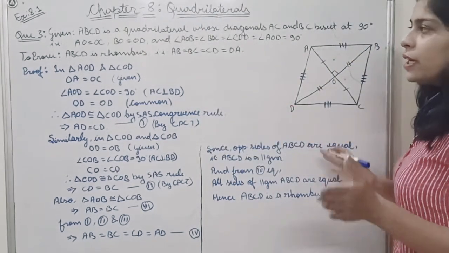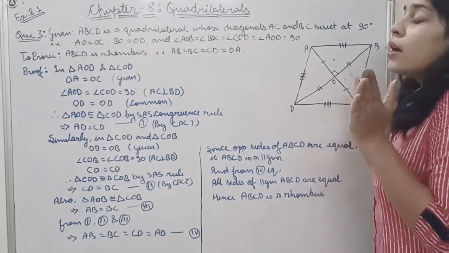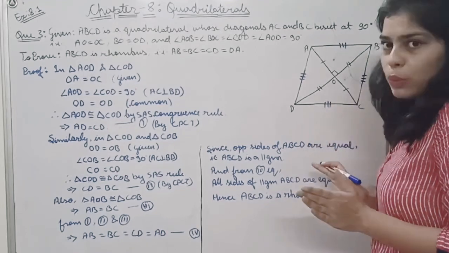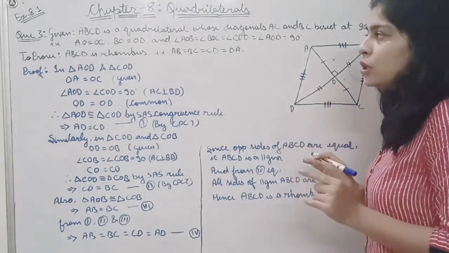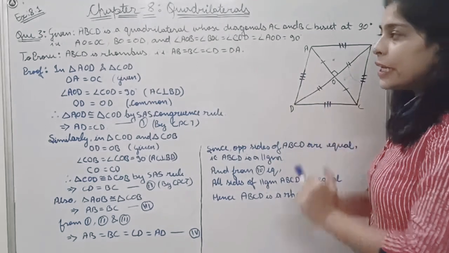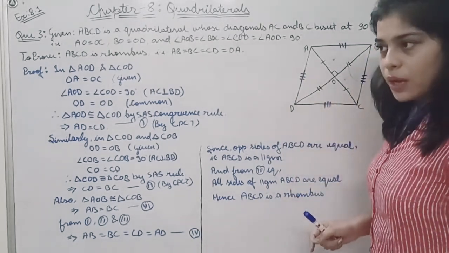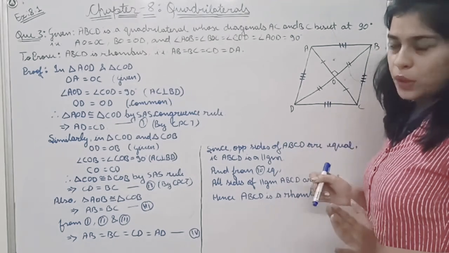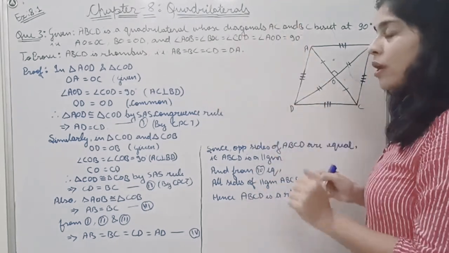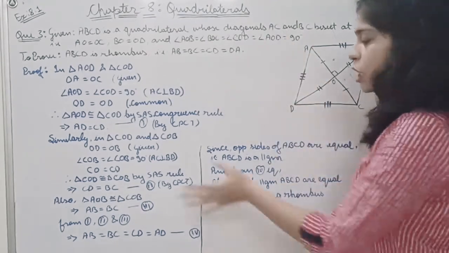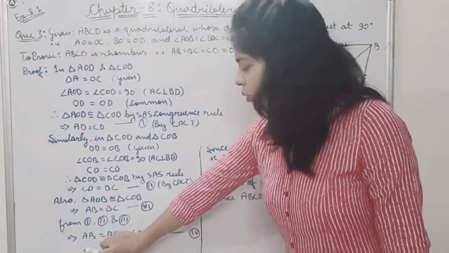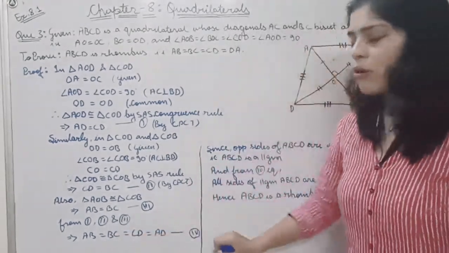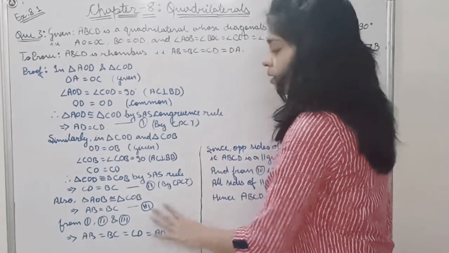But now we do not know that it is a parallelogram also. For a quadrilateral to be a rhombus, it should be a parallelogram first, it should satisfy the properties of parallelogram. If any quadrilateral is a parallelogram, then only it can be a rhombus. So now we have only got that all the sides of the quadrilateral are equal.